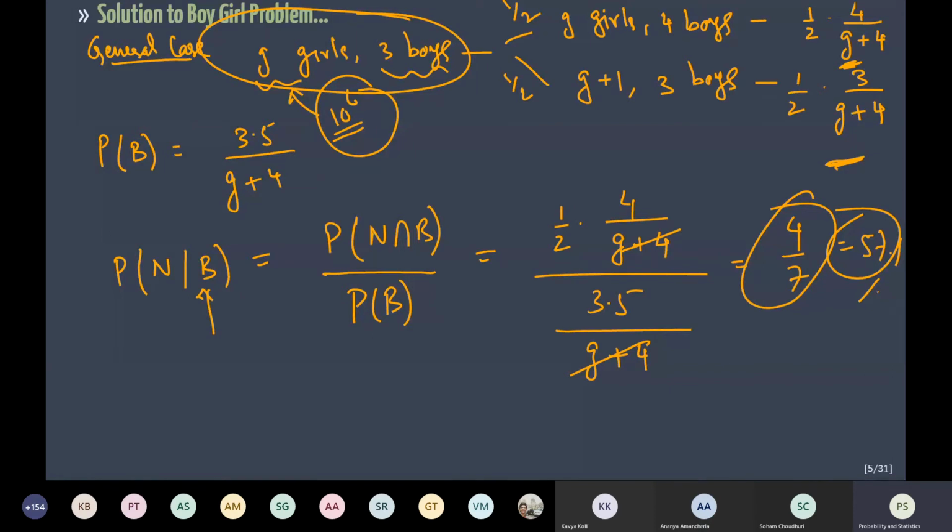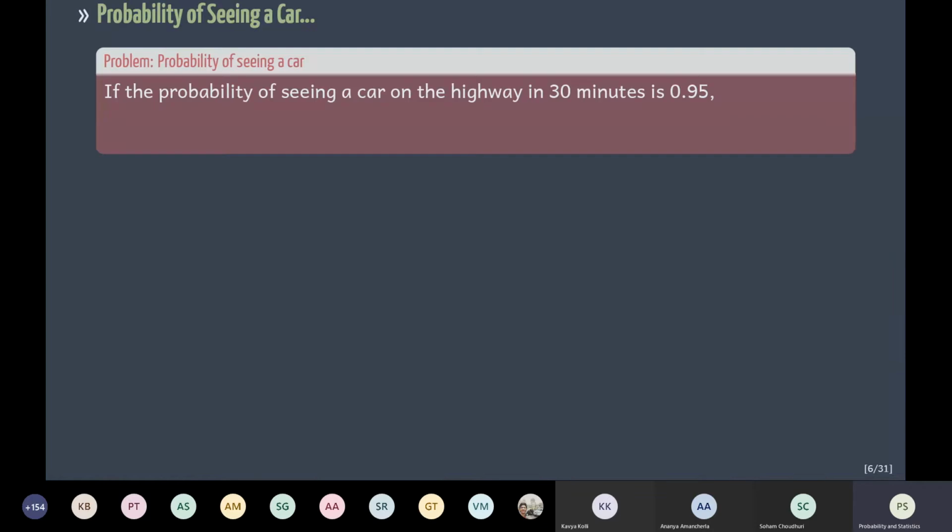Okay, so now let us go to some other problem. Let us do some other interesting problems so that we can solve a variety of problems. Like the girl-boy problem, you can change this to balls.